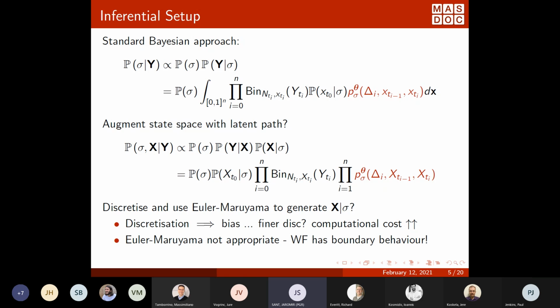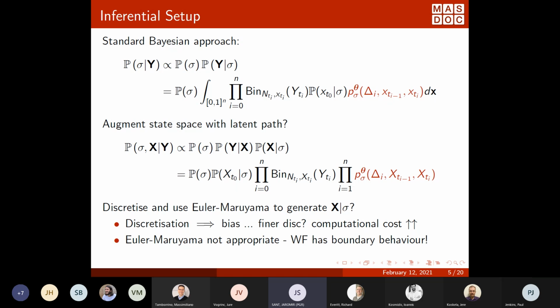And moreover, the Euler-Maruyama scheme is not quite suited for simulating the Wright-Fisher diffusion. There's no mechanism in the vanilla Euler-Maruyama scheme that allows you to account for boundary behavior. And yes, there are Euler-Maruyama-type schemes that allow for reflective proposals, but this would just add on to the computational overhead that you already have incurred from using a finer discretization.